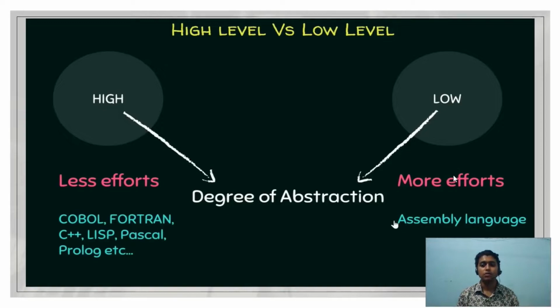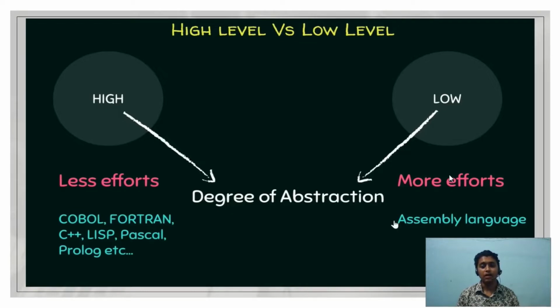For example, a text editor. You or I just type in the text editor, and after completing the text we save it, without even worrying about how it is getting stored or where it is getting stored, etc. This is called higher level abstraction.